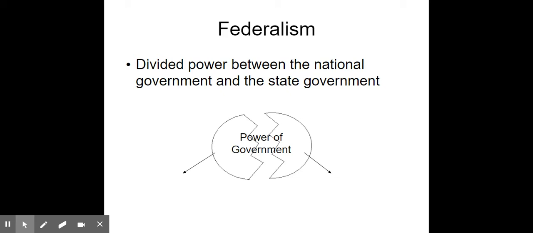Well, if we're going to split power, not only between the branches of the national government, but between the national government and the state governments, this is supposed to help calm some of those fears that our national government is going to become too powerful and trample our rights. Okay? No, it can't do that, because government power is going to be divided between the national government and state governments. That's what federalism is.